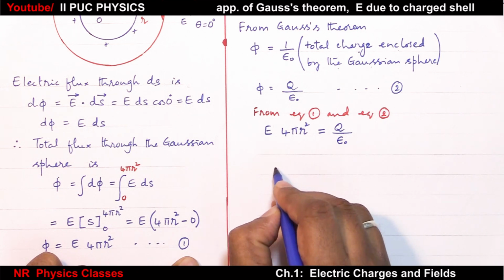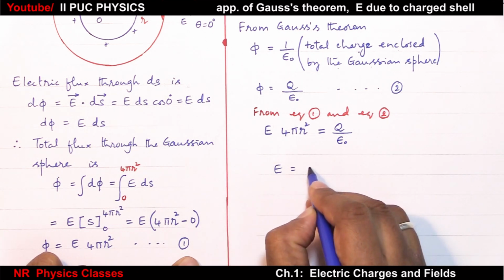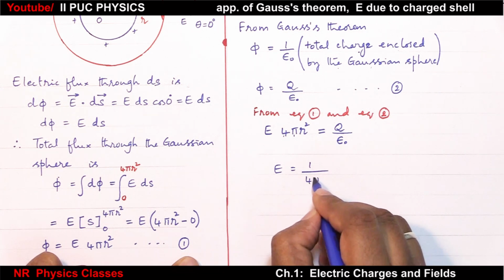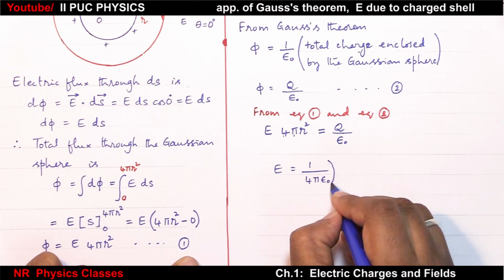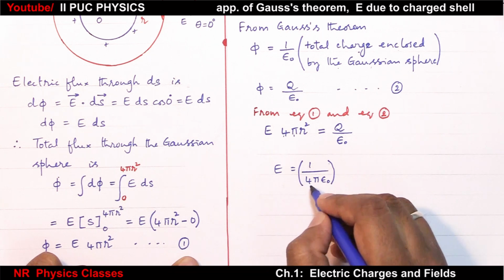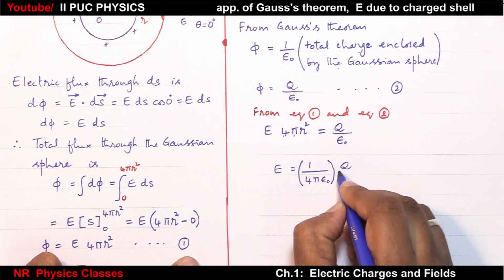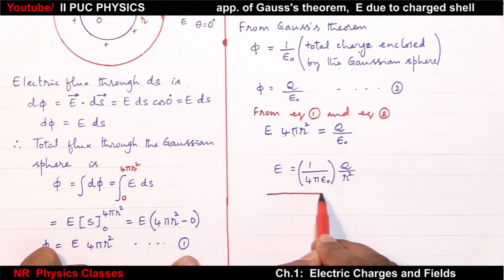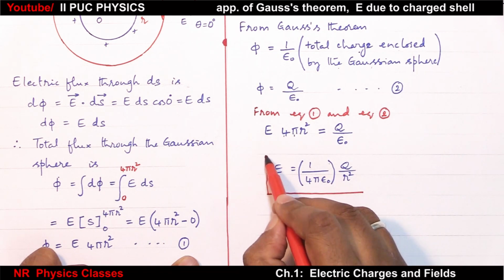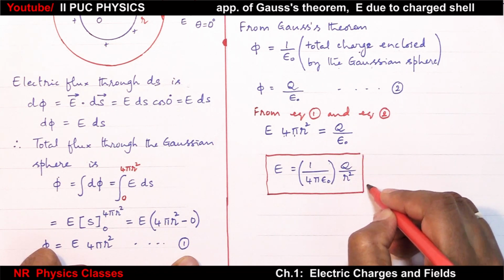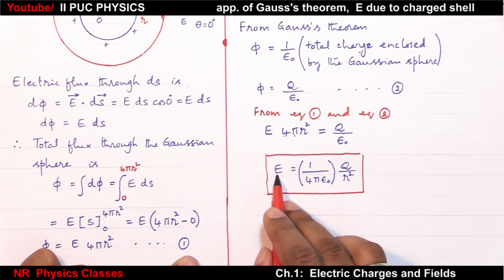Therefore, the electric field is equal to 1 by 4 pi epsilon naught, which is the usual constant in electrostatics, times Q by r square. So this is the expression. We already know such an expression for electric field due to a point charge.